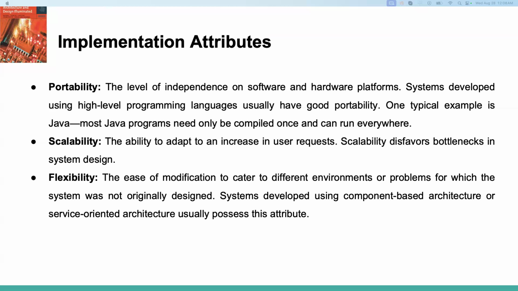Systems built with component based or service oriented architecture typically excel in this area. Flexibility means you can tweak and expand your system as needed, keeping it relevant and efficient. Together, these attributes make sure our software can grow, adapt, and thrive in different environments, standing the test of time.